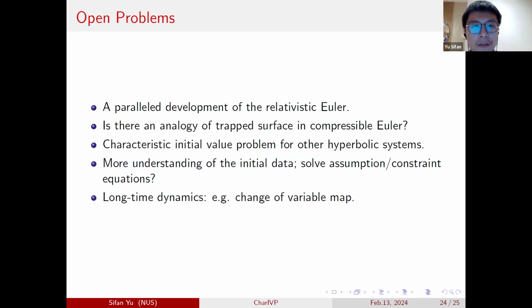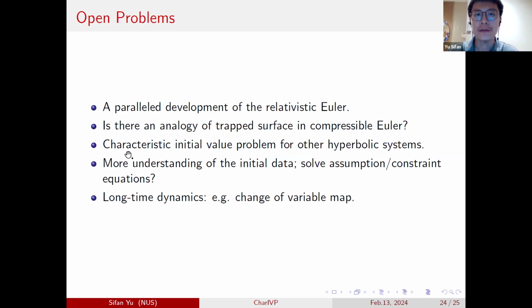The second topic is whether there is an analogy of trapped surfaces in compressible Euler. I don't know. My opinion is negative, since I didn't find any monotonicity argument in the regime of compressible Euler, as of now.